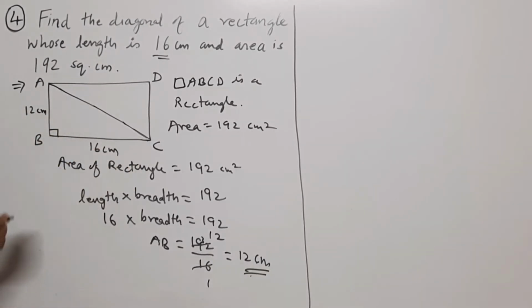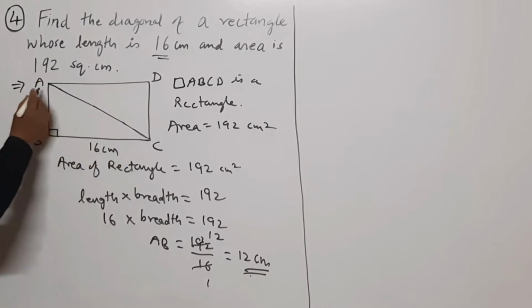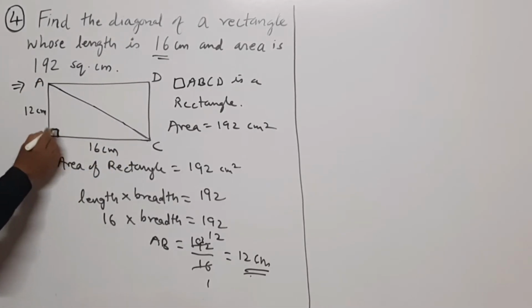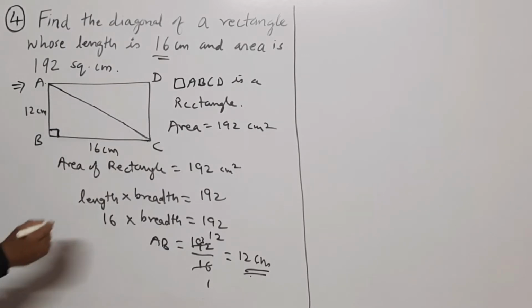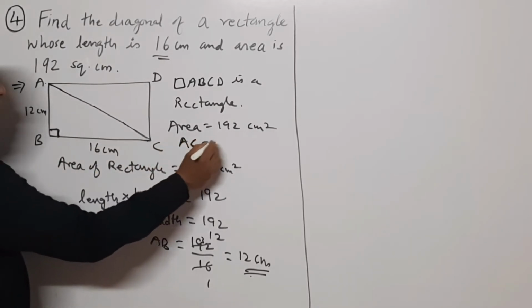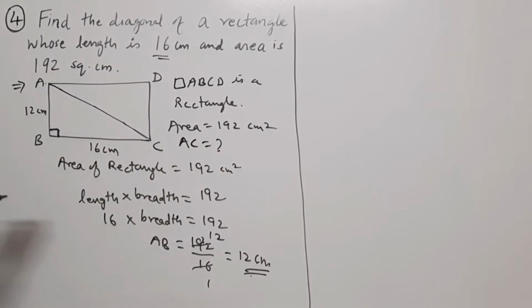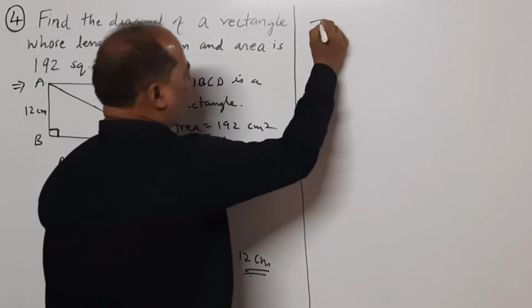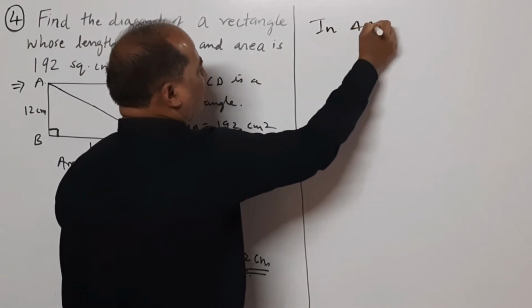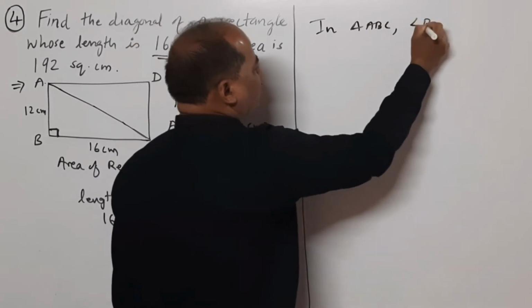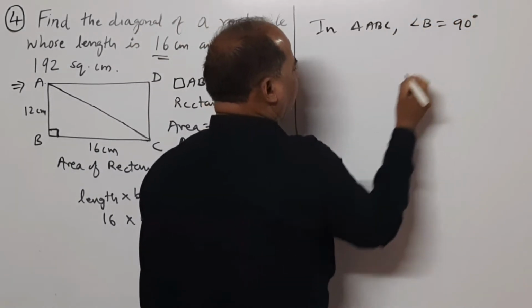Length is 16 centimeters. Now triangle ABC is a right angle triangle. Using Pythagoras theorem, we can find the diagonal AC. So by Pythagoras theorem, in right angle triangle ABC, angle B is equal to 90 degrees.